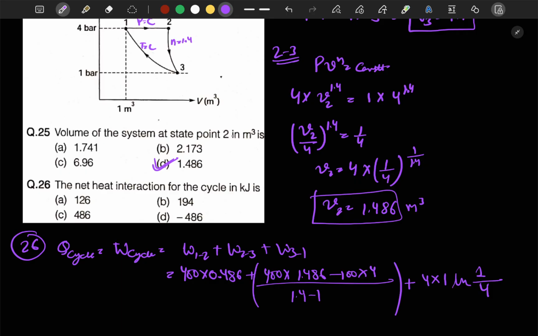Let's solve the middle numbers. 400 into 486 minus 400 divided by 0.4, plus 400 into 0.486, plus minus 4 into ln of 4, 680.4 minus 400 into ln of 4.